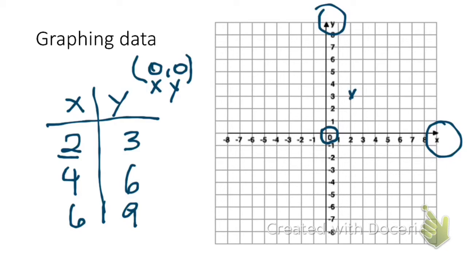The next point would be x equals 4, and your y equals 6, so you would put this right here, and then 6, your y value would be 9, and so then you can see that these points pretty much lie on a straight line, and you can combine them like that.